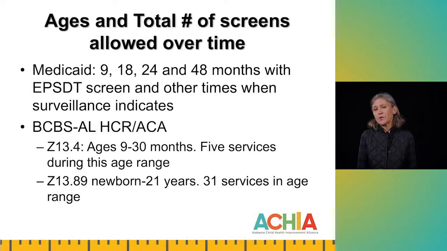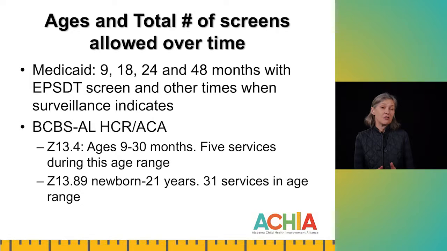But for Blue Cross Blue Shield Alabama HCR ACA, for the Z13.4, that's the development and autism screen, you can only bill these codes in the age range between 9 and 30 months, and you can only bill a total of 5 tools. Now that's the right number for the recommended number of screens, so that should be sufficient.